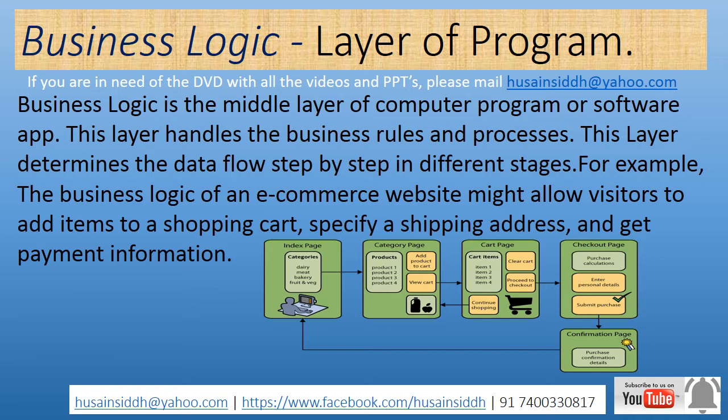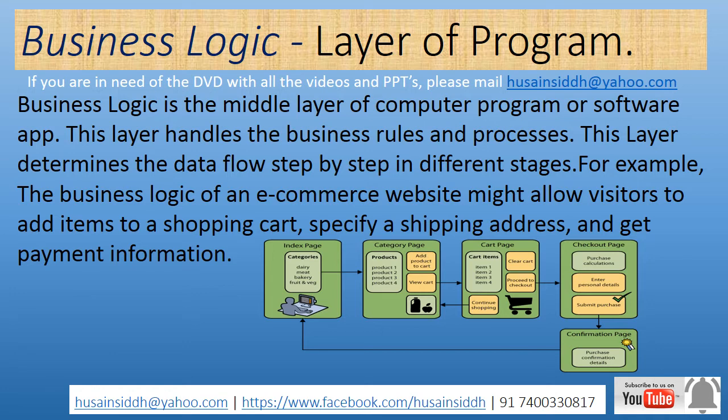Let us understand this with an example of an e-commerce website. An e-commerce website allows different visitors to add products in a shopping cart. A shopping cart, when checked out, needs a shipping address and payment information. So in this case, there are three stages.